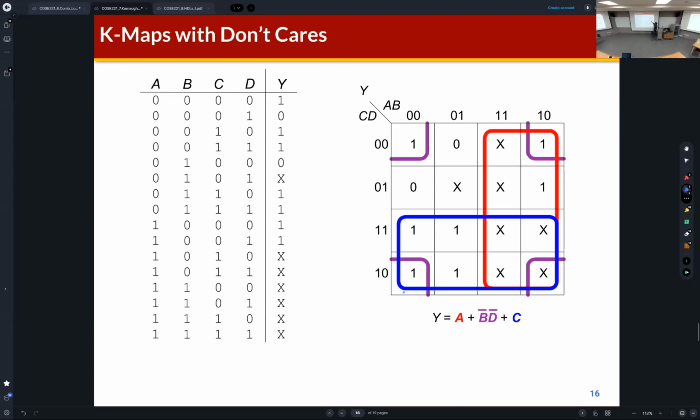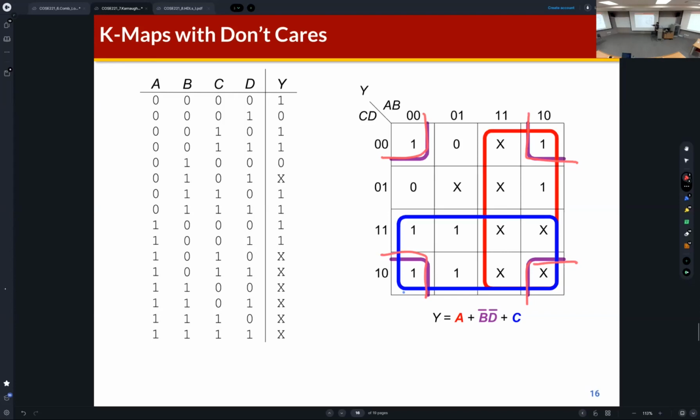But we need to note that this X is not included because we don't need to include this X. Okay. And then for this one, also the edges are connected. So which means that we can also make this circle. Okay.